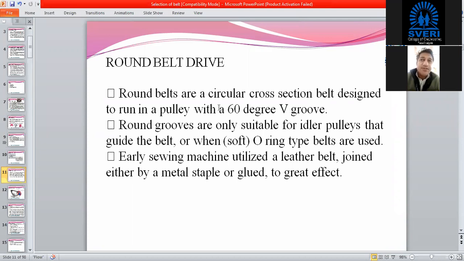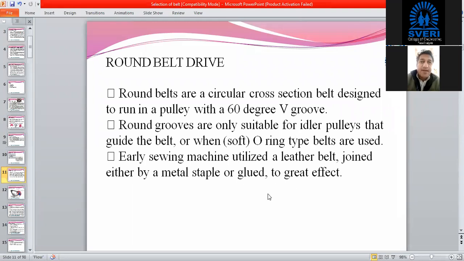So this pulley is designed in such a way that it can run with the circular cross section belt. Basically the pulley is made with a V groove only, but the angle put in the V is more than 60 degrees. Then this particular belt is going to give us better friction than the flat belts, and they are going to give more efficiency also.